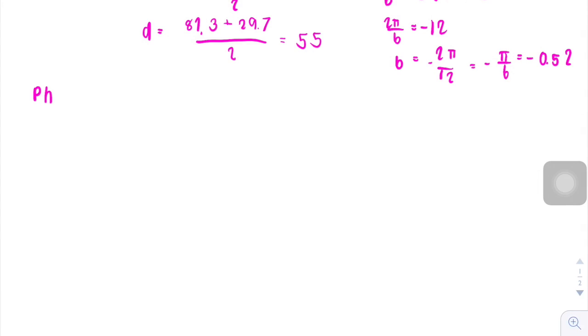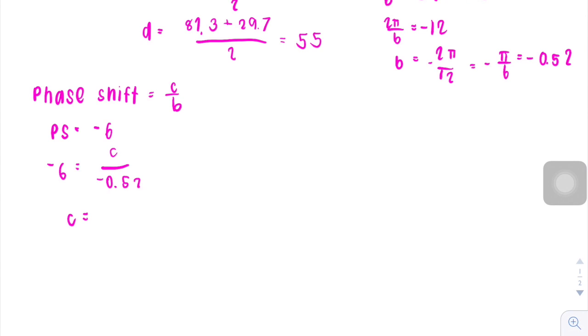The final step is to use the phase shift to find the c value. The formula is c over b. Since this is a cosine function, the phase shift has to be negative 6, since it is the difference between the origin and x max. As always, we plug in the b value and phase shift into the formula, and we can find c, in which c is equal to 3.141592, or pi in other words, but we can simply round it to 3.14.